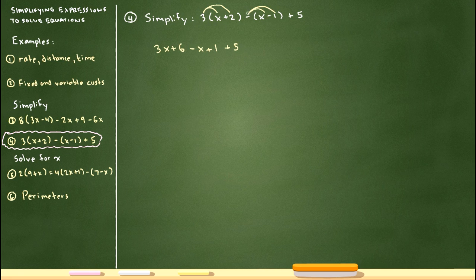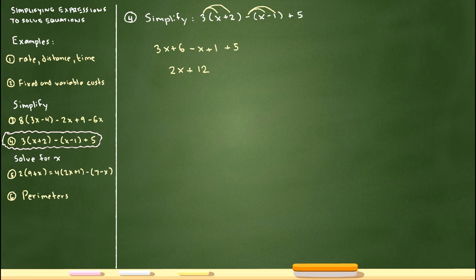Okay, so whenever you have something to distribute, go ahead and do it, so you can break down those parentheses and then combine like terms right after. So now we want to combine like terms. We see we have a 3x and a negative x. That would make 2x. And then we have a positive 6, a positive 1, and a positive 5. Those add up to 12. Okay, so this simplifies to 2x plus 12.